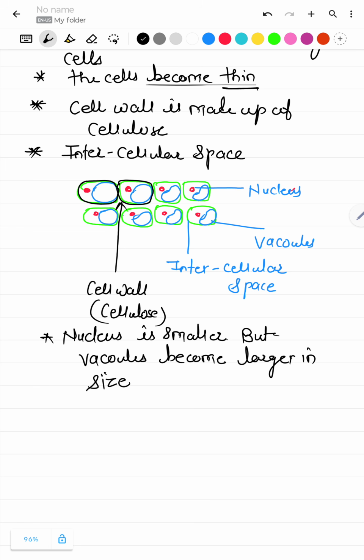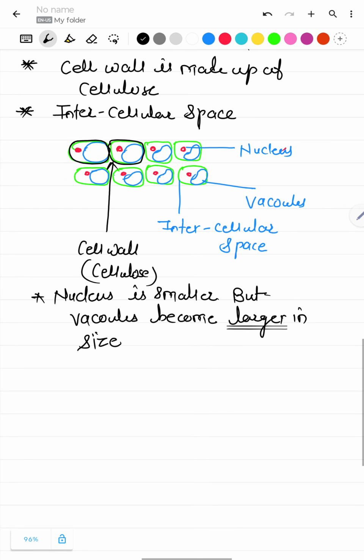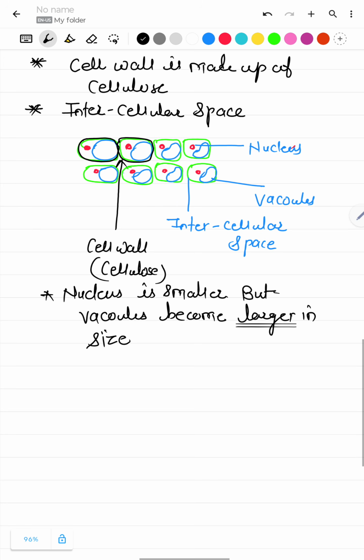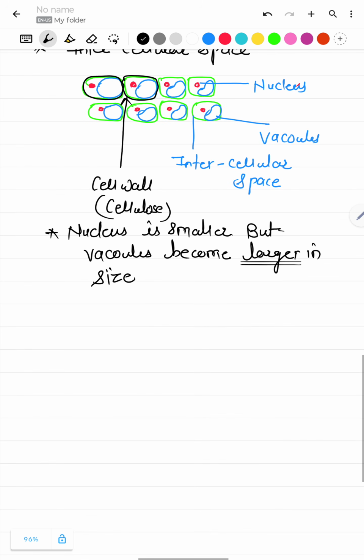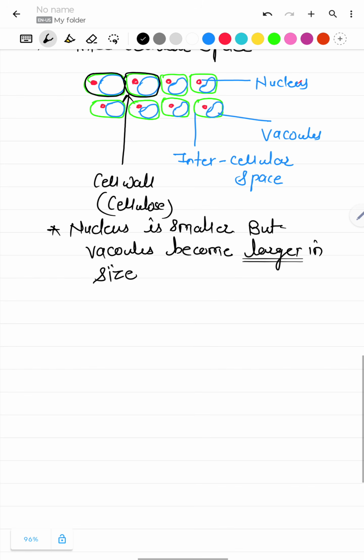If the vacuole becomes larger in size, what is the major function of the parenchyma tissue? To store food material. Now the parenchyma cell is basically divided into two subtypes.